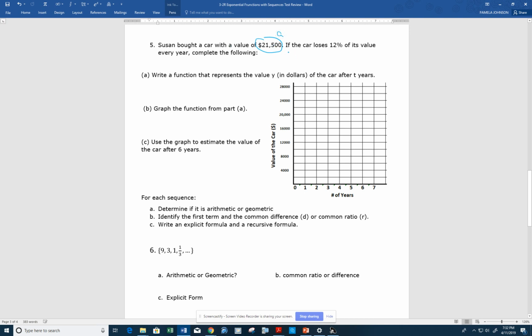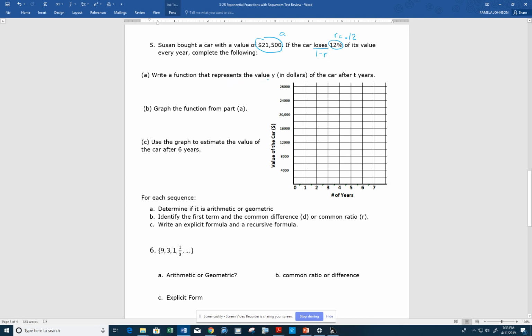That's our A. That's our start value, how much it was when she purchased it. It loses 12%, so 12% is our rate. That's going to become 0.12. So when we say it loses, we're going to do 1 minus the rate for our factor.